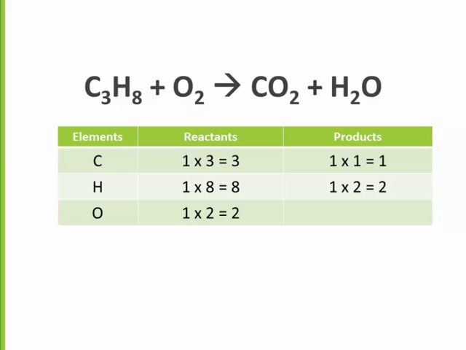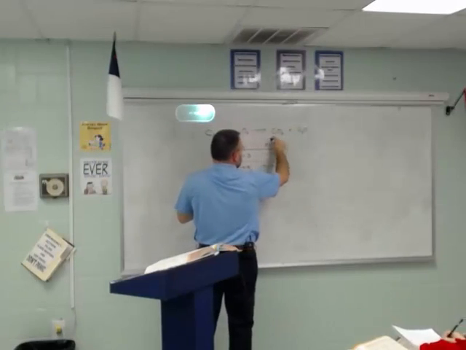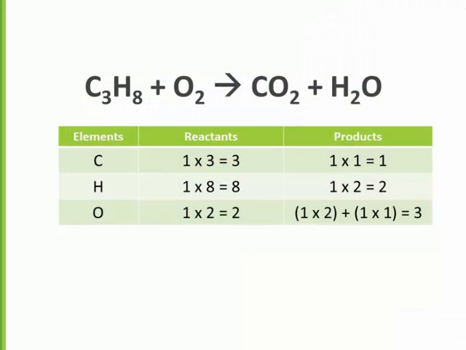Since there's no others, I can do the math here, and it's 2. Now oxygens, left to right. I have some here. One set of 2. Keep reading across to oxygens. Another occurrence here. One set of 1. So one set of 2 is 2, and one set of 1 is 1, and the total then is 3.